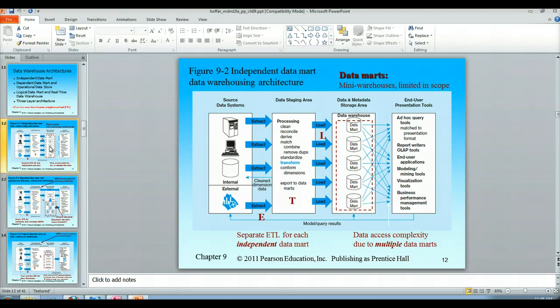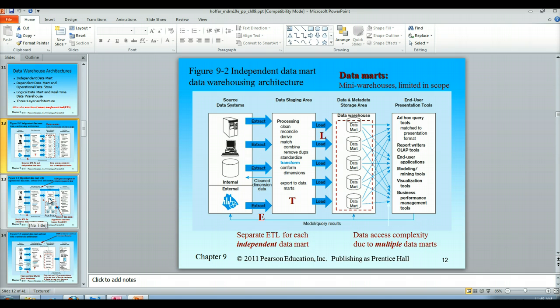They need to access the data in all these various independent data marts, which, when you put all of them together, are known as the organization's data warehouse. So this could be the way that your organization may represent its data. It may pull all the data out, put it into data marts associated with different areas, and then the end users have to pull information from these different data marts.